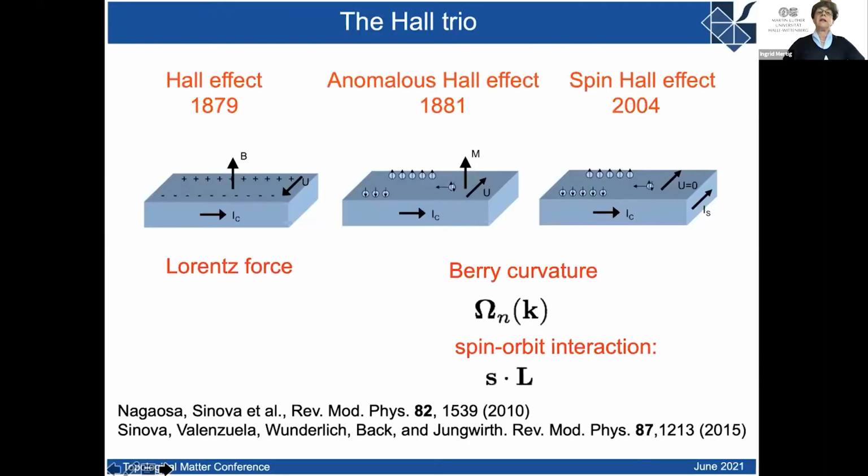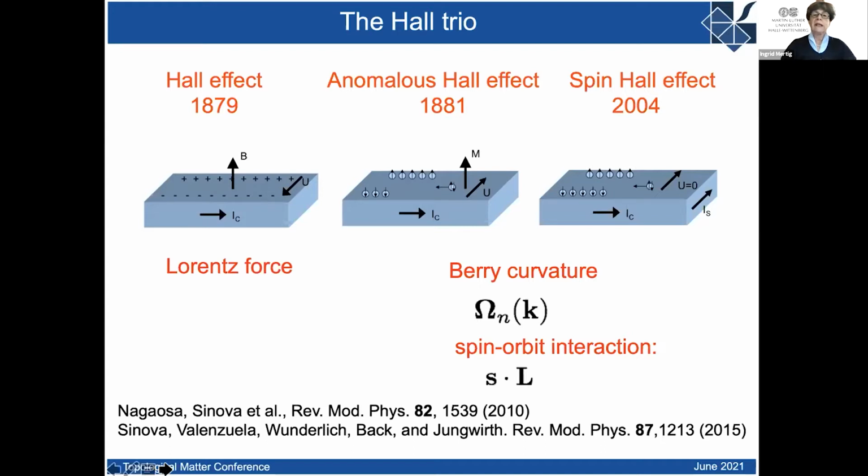So now, transversal transport coefficients. The Hall trio started with the discovery of the Hall effect already long ago, which is the separation of electrons or charges by the influence of a magnetic field. And as a consequence, we observe a Hall bias.